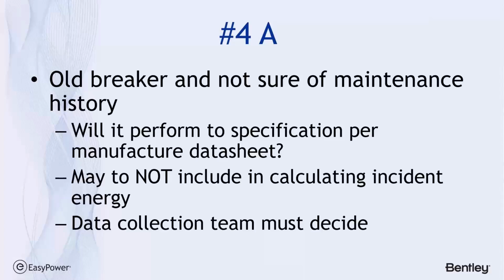And in that case, you would want to exclude its inclusion in the protective path for arc flash downstream. So again, it's a judgment call, but it's becoming more and more important to understand the impact on system safety issues when maintenance is doubtful on older equipment.